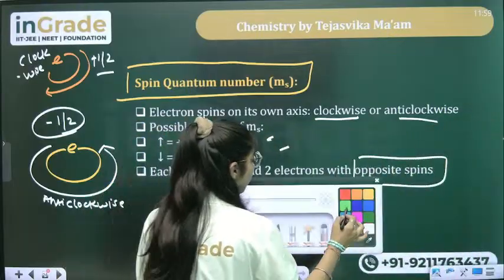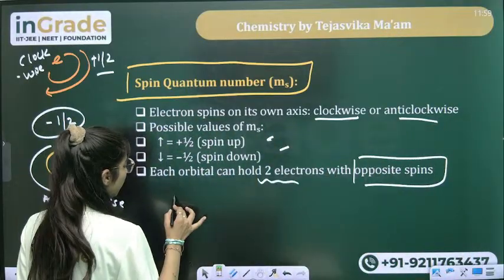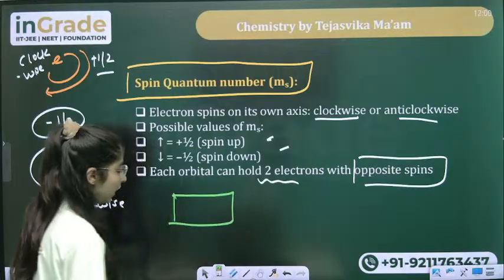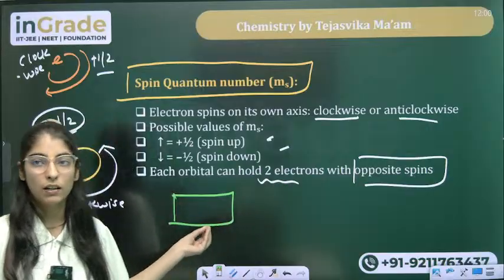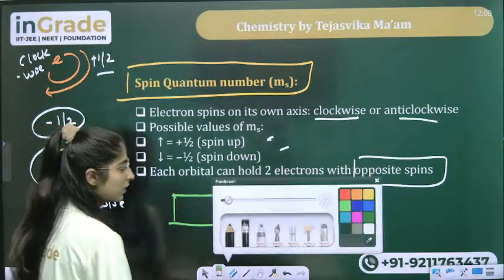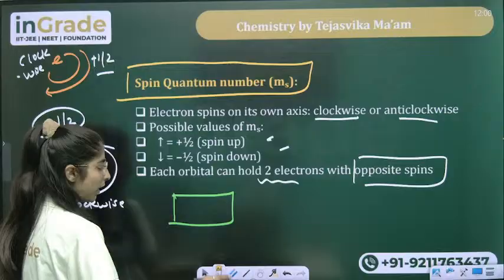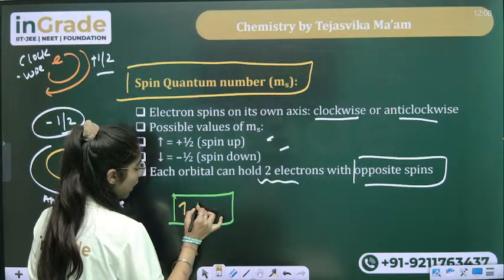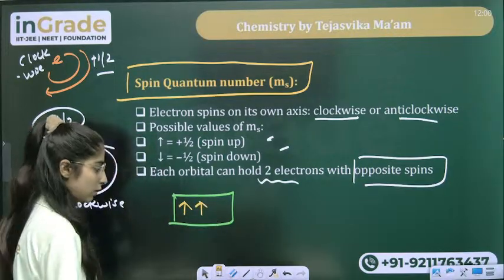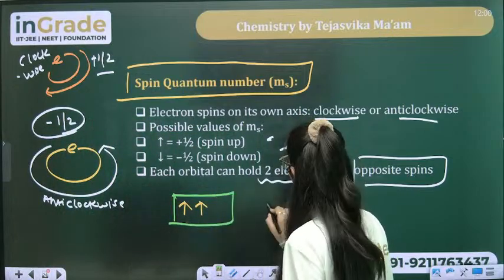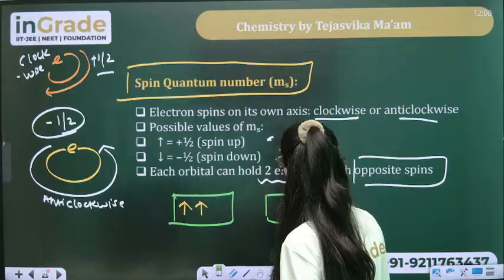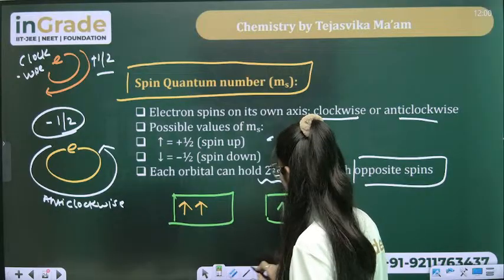Now let me tell you one more thing that is important. If I say this is an orbital and you have to fill the electrons here, how are you going to represent the spin? One student says, ma'am, I am going to represent the spin like this. I said okay. The next one says, ma'am, I am going to represent the spin like this.